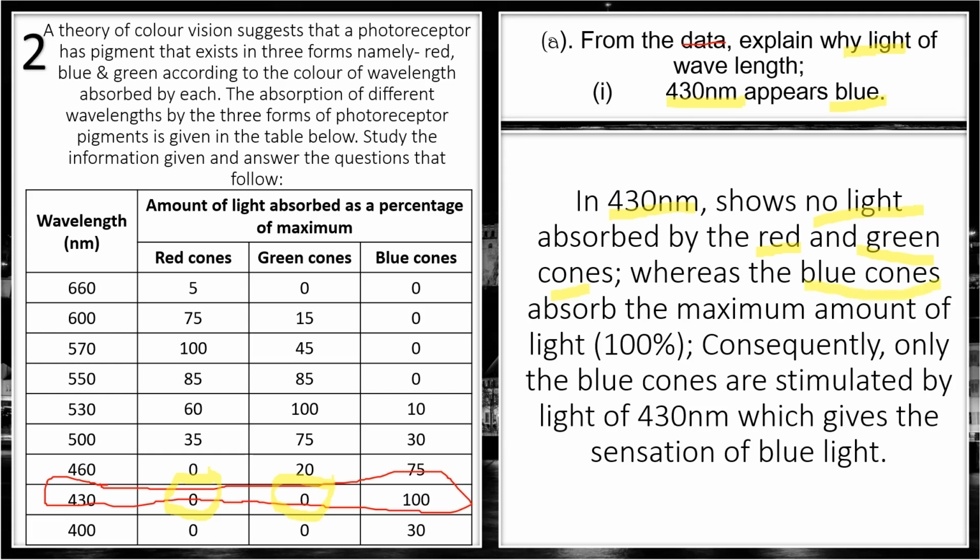Whereas the blue cones, they absorb the maximum amount of light at 100%. Consequently, only the blue cones are stimulated by the light of 430 nanometer, which gives the sensation of the blue light.